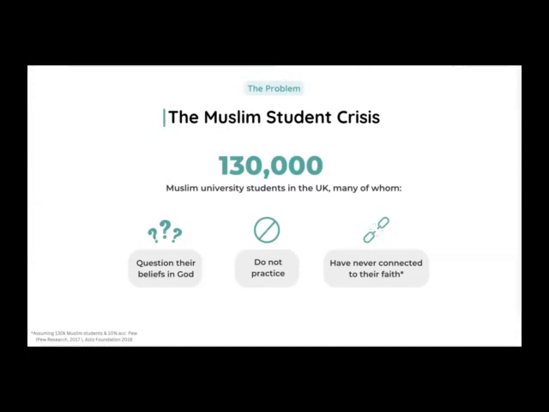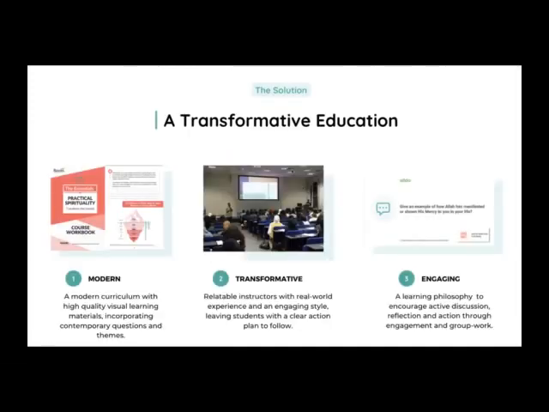And the root cause of that, in many cases, is not having the foundational knowledge, or the foundational certainty in Islam as a worldview in the first place. So what we try to provide at Roots Academy is a contemporary, transformative and engaging, structured education to these university students.